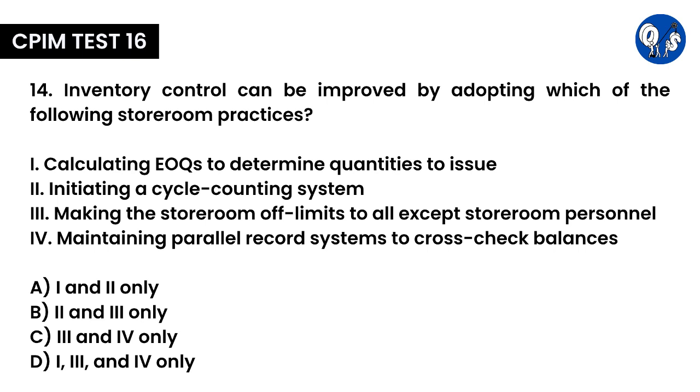Here the correct answer is A, which refers to point number 1 and 2, because calculating EOQs helps optimize inventory issuance, reducing holding and ordering costs, while cycle counting improves record accuracy and inventory control. Options 3 and 4 may limit flexibility or create inefficiencies rather than improving control.